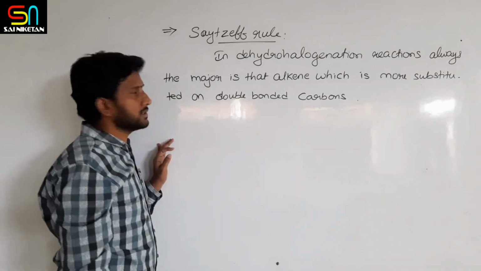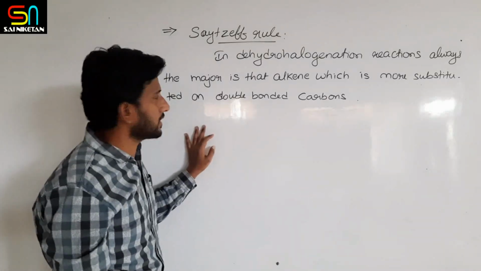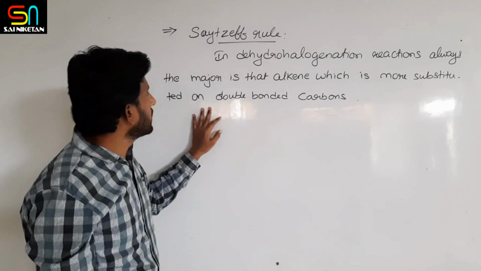This rule is called Saytzeff rule, or it is also called Zaitsev rule.